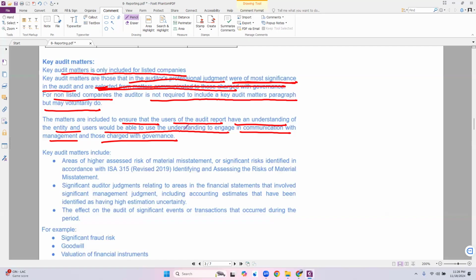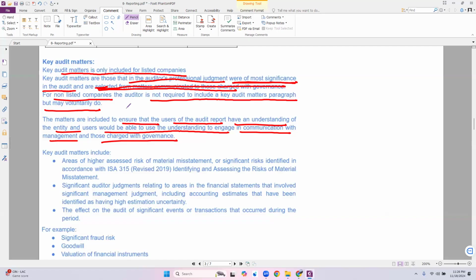If they want to ask the management any type of question in the AGM, the annual general meeting, they are the areas where the users would most probably want to ask questions, like how did you calculate revenue? Please tell us, management, because the auditor has included this section within their CAM. This means that this is really significant. This is really important. Got it?